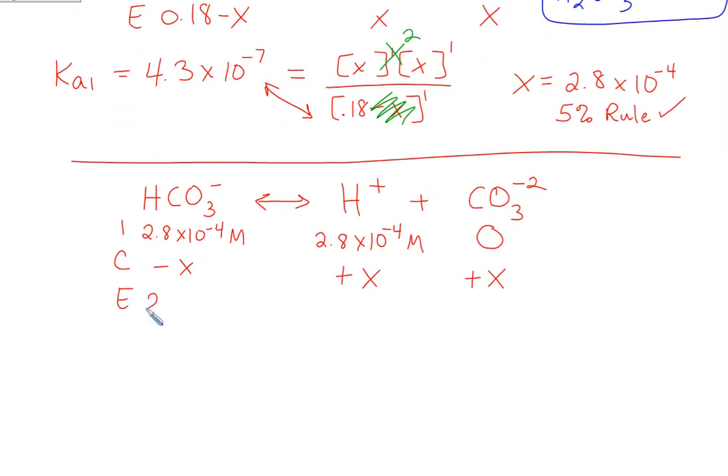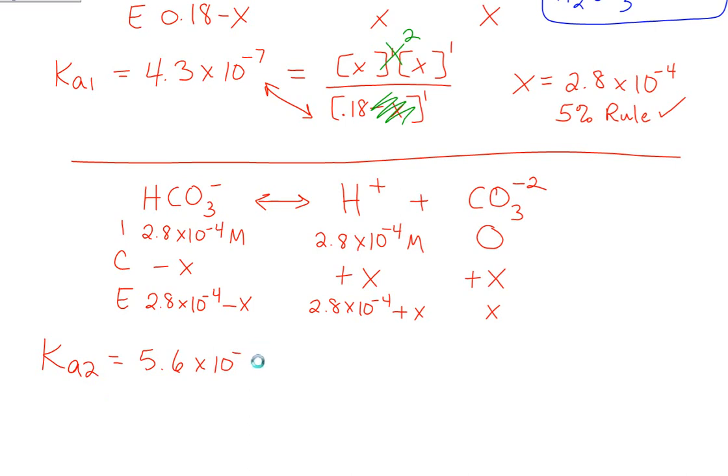So this is 2.8 times 10 to the negative 4th minus X, 2.8 times 10 to the negative 4th plus X, and X. Ka2 was crazy small: 5.6 times 10 to the negative 11. Yikes.